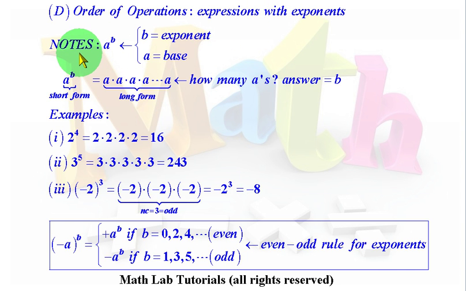Some preliminary notes first. When you see an expression like a to the power b, a is called the base and b is called the exponent. The base should be greater than or equal to 0 for the time being, and the exponent for the time being will be the set of positive integers, or the set of whole numbers.